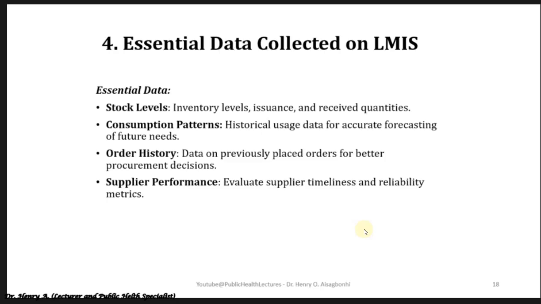Why is this crucial? Because a supplier who delays deliveries or sends substandard items disrupts the entire chain, and that can endanger the life of somebody in dire need of that commodity or that drug or that reagent at that time. So data helps managers decide whether to keep or replace that supplier.